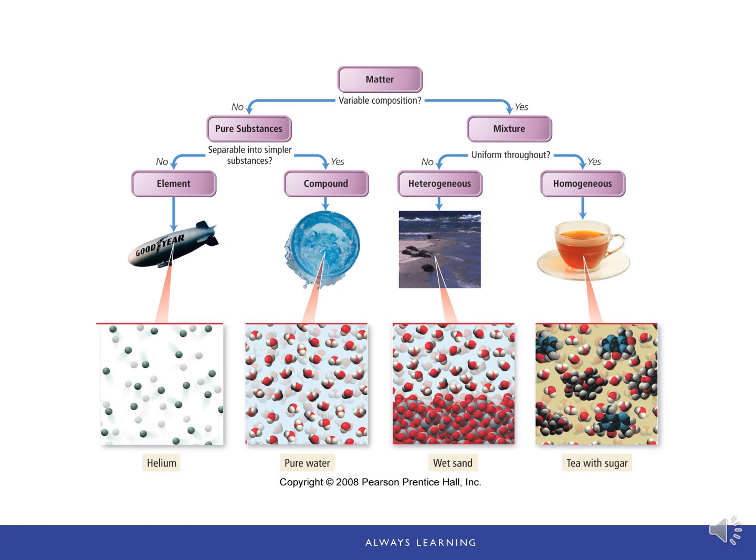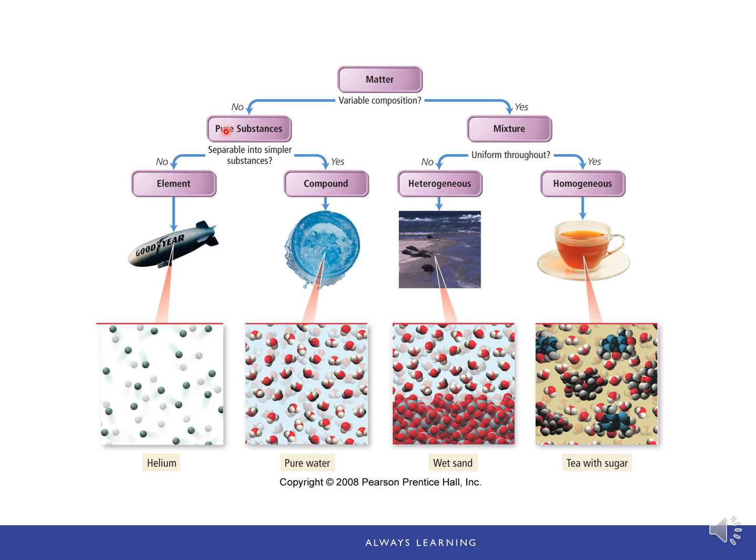As a review, we have learned about matter in our chemistry class. Matter can be classified into different categories based on different characteristics. First of all, matter can be classified as pure substances or mixtures, depending on the composition. If the matter has variable composition, it is a mixture. If the matter has constant composition, it is a pure substance.